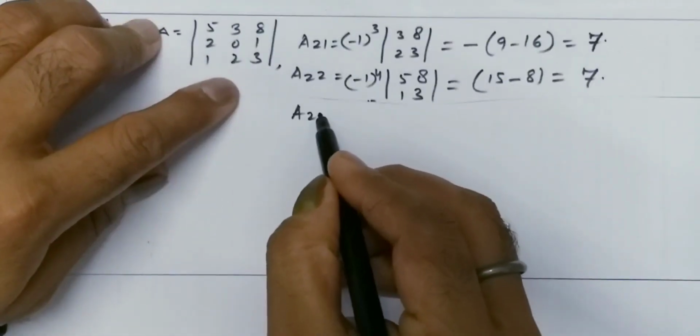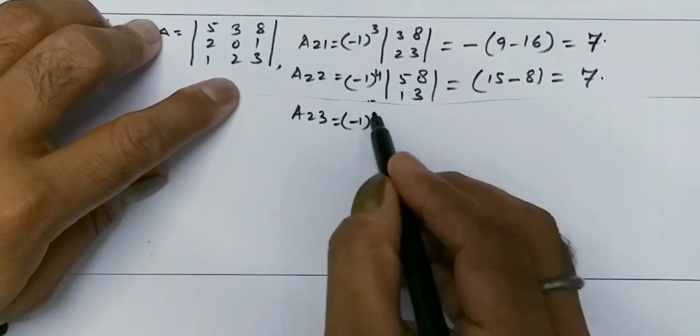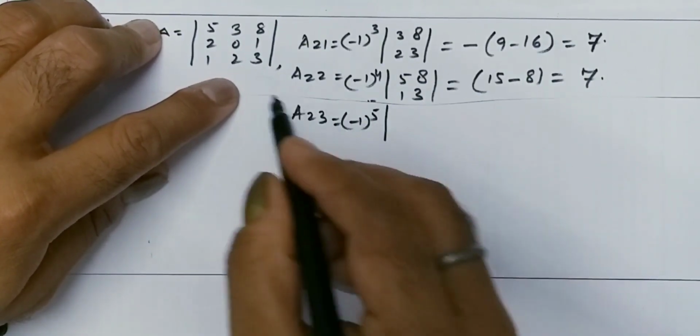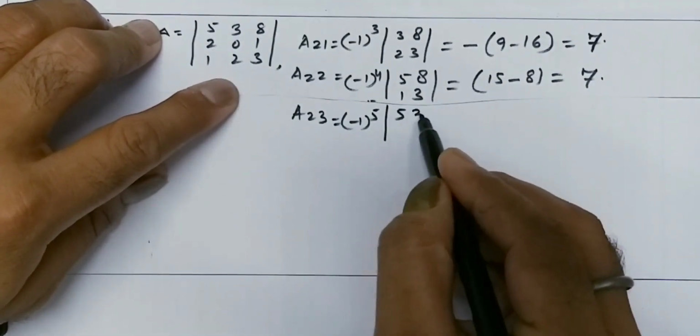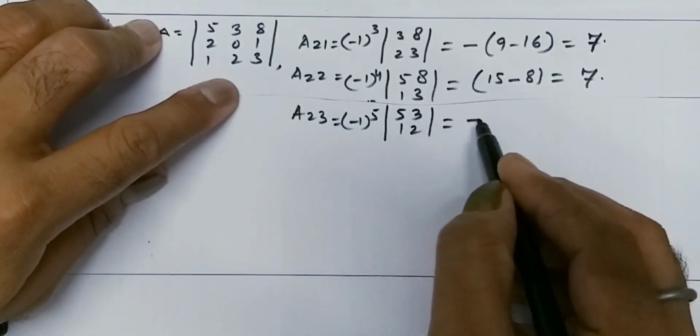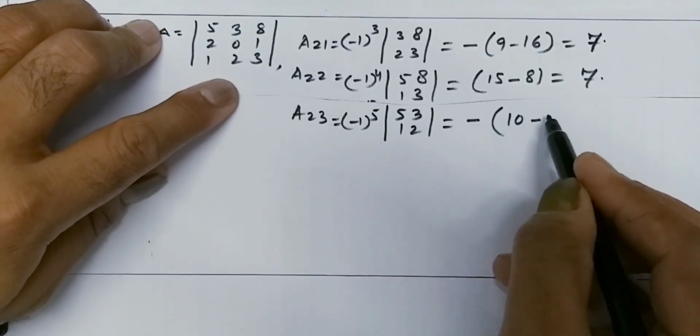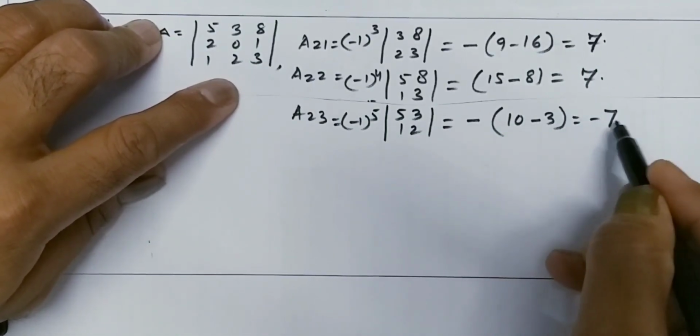And A23 is equal to minus 1 to the power 5. Subdeterminant A23 means this one, so 5 3 1 2, which is equal to minus, 5 2s are 10 minus 3, which is minus 7.